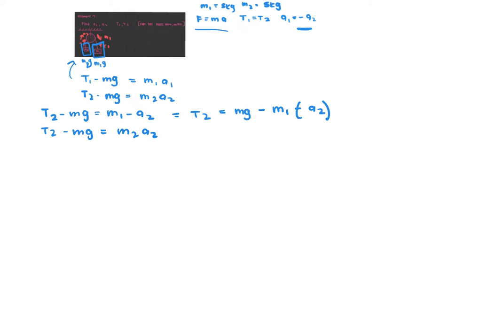Sorry, minus m1a2, and then T2 equals m2g plus m2a2. Now, we know that these are both in terms of T2, so they equal each other. m1g minus m1a2 equals m2g plus m2a2.